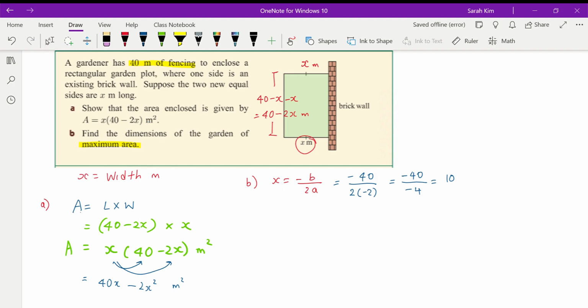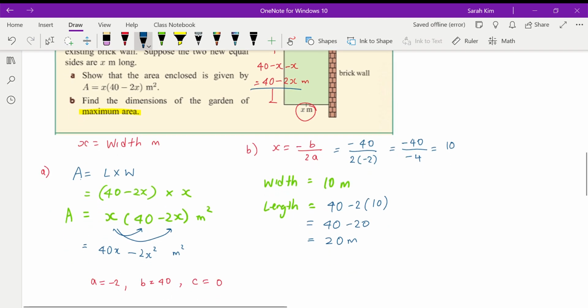I found the maximum, the vertex, the x coordinate for it, so I guess I just need to find my length. So my width I found is 10 meters. What's my length? Well, there was a formula for it somewhere. Here's the formula. This is my length. So I'm going to go 40 take 2 lots of 10, which is 40 take 20, which is 20 meters.